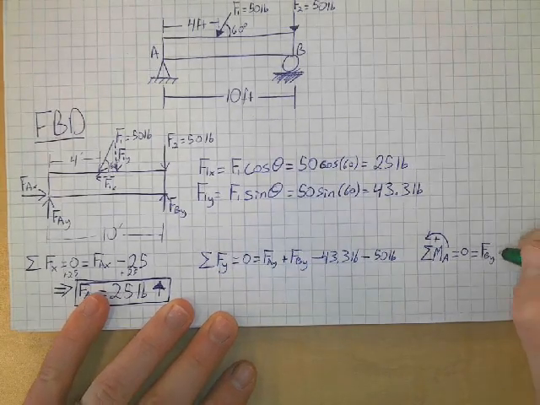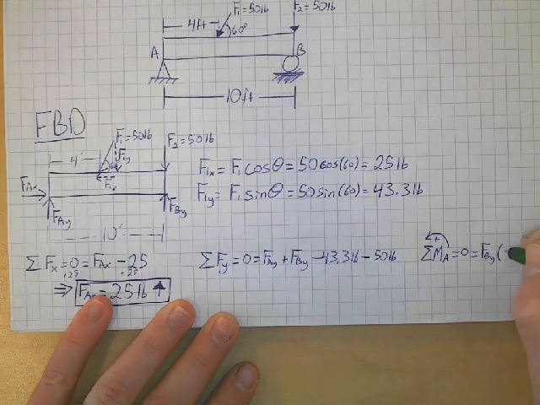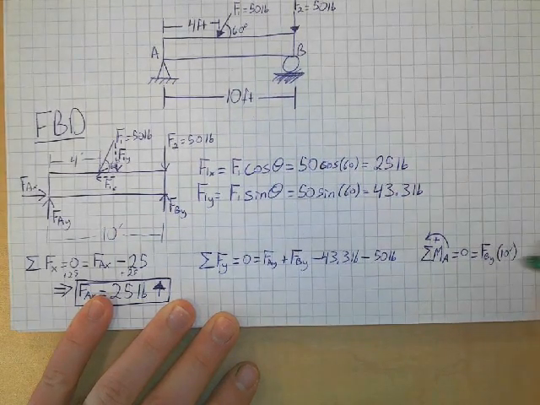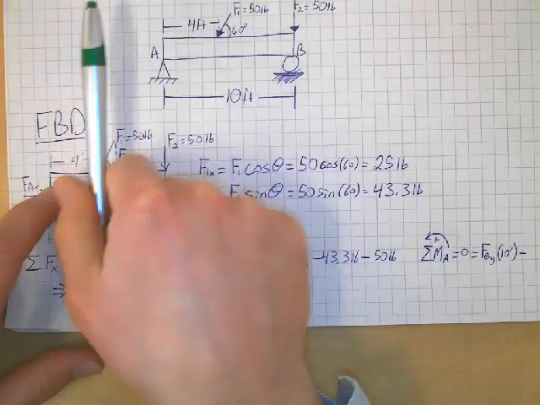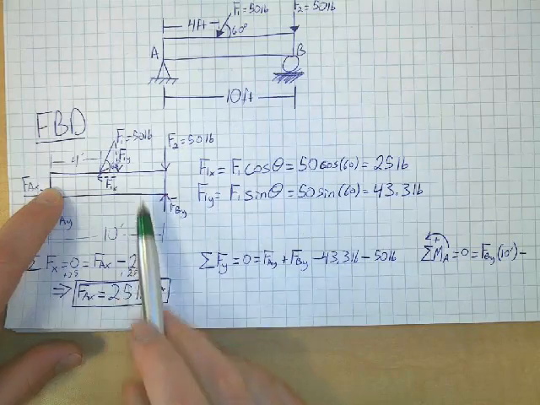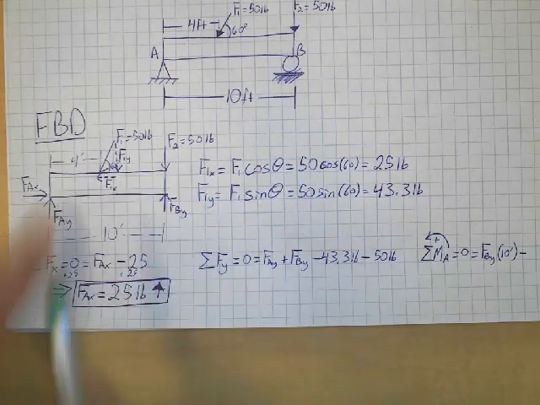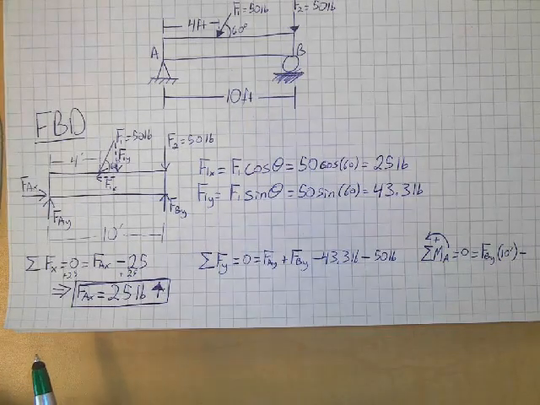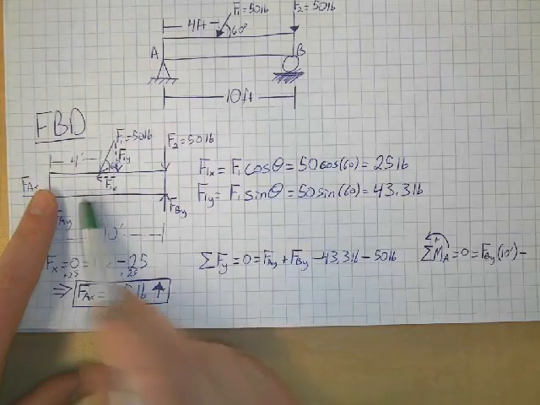And remember, moments are force times distance, so I need to say FBY times 10 feet. And then my other two forces, since they are pushing down, would be causing clockwise rotation. So both of these two y forces are going to be causing negative moments. F1x does not cause a moment because it is parallel to my moment arm.